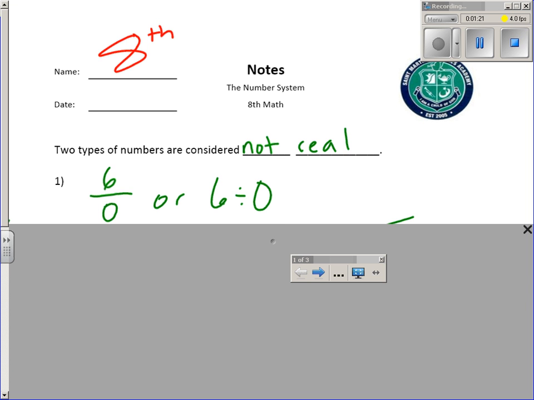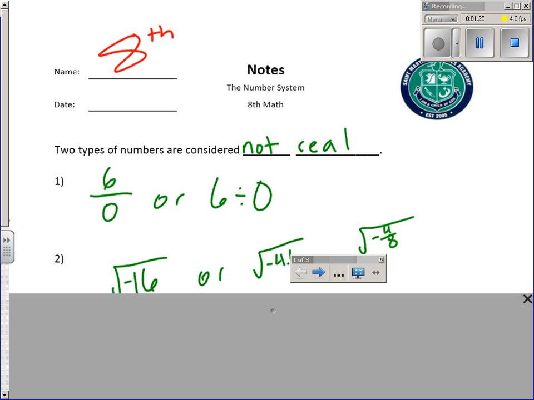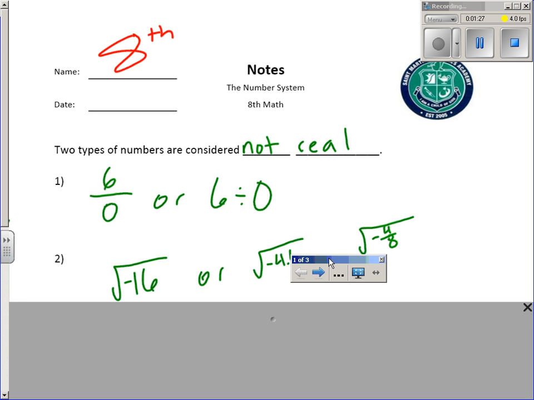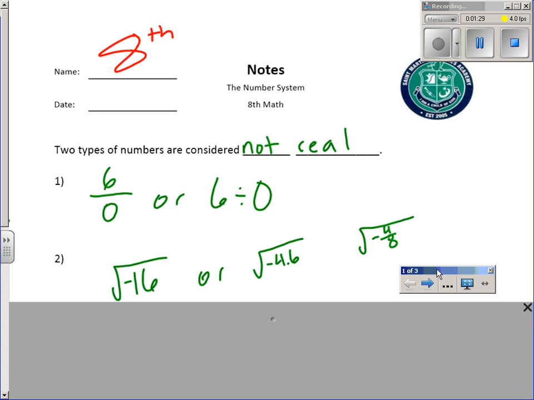The other type of number is going to be a square root of a negative number. So we have 3 examples here. Now, the reason these are not real is because if you remember what a square root is, it means a number multiplied by itself. And if you go back to your sign rules for multiplication, a negative times a negative is always going to be a positive, right? You only can get a negative answer if it's a negative times a positive.